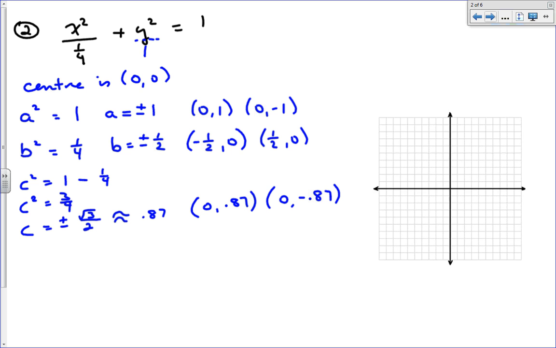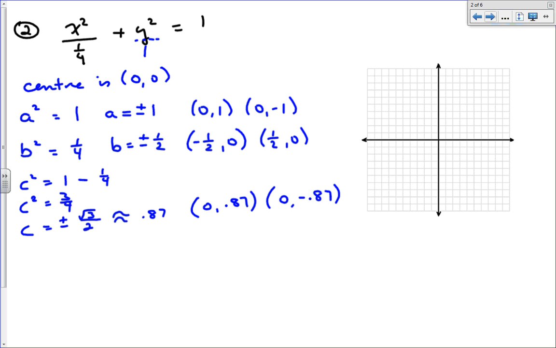So either you would on your graph make sure it's a large enough one, or you would change your scale. So I'm going to change my scale by just ticking at every second square along here, so it's 2 squares for each full unit, okay? So my major vertices are (0, 1) and (0, -1).